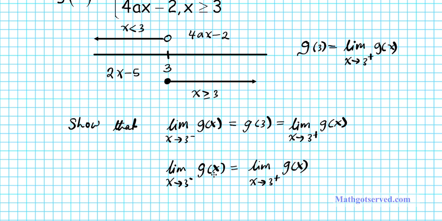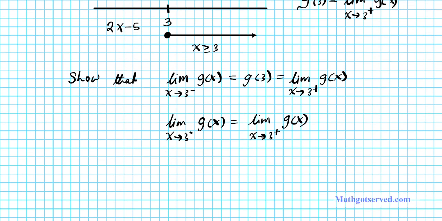Alright, so g of x, when x is less than 3, or x is approaching 3 from the left, we have the function 2x minus 5. So what we're evaluating is the limit as x approaches 3 from the left of 2x minus 5, and that must be equal to the limit as x approaches 3 from the right of g of x. To the right of x equals 3, with x equals 3 included, we have the function 4ax minus 2.